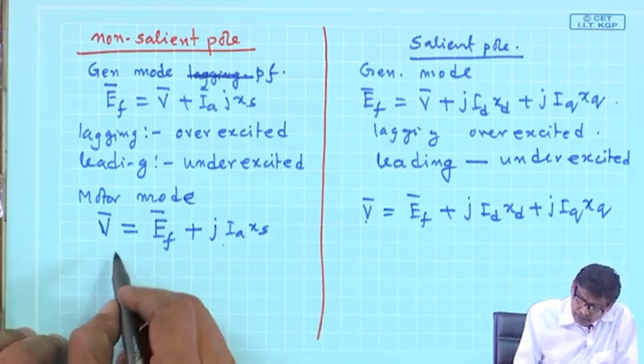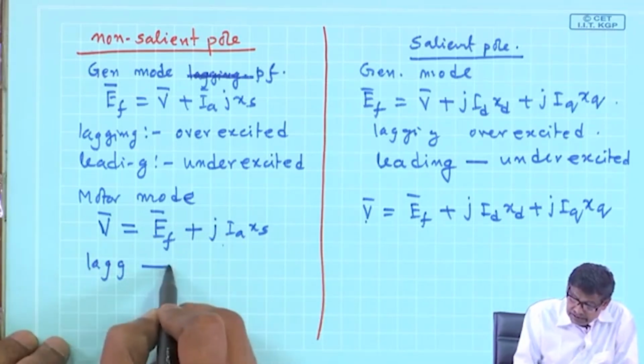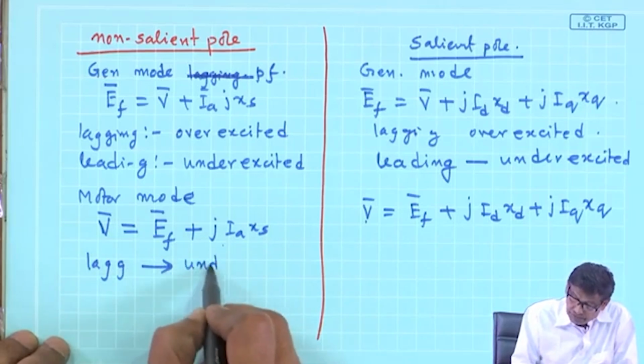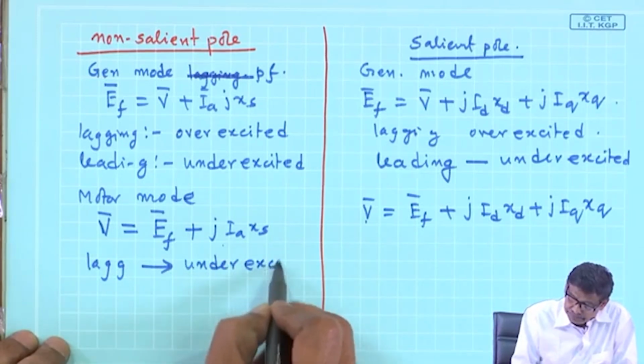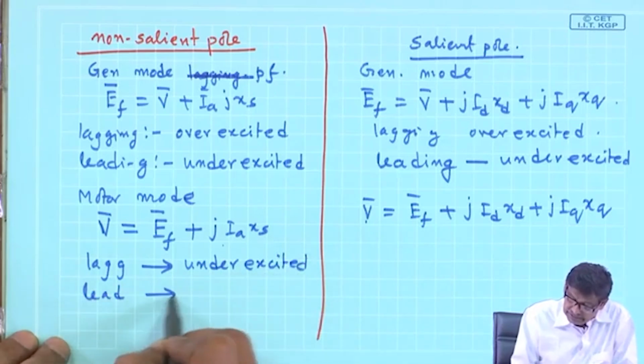And similarly, in motor mode, lagging power factor means under excited, opposite, and leading power factor is over excited.